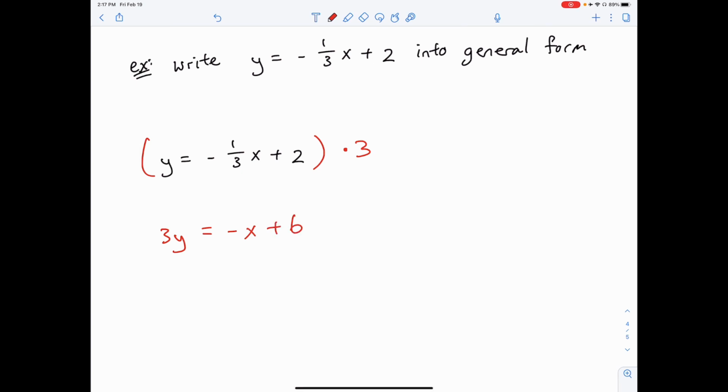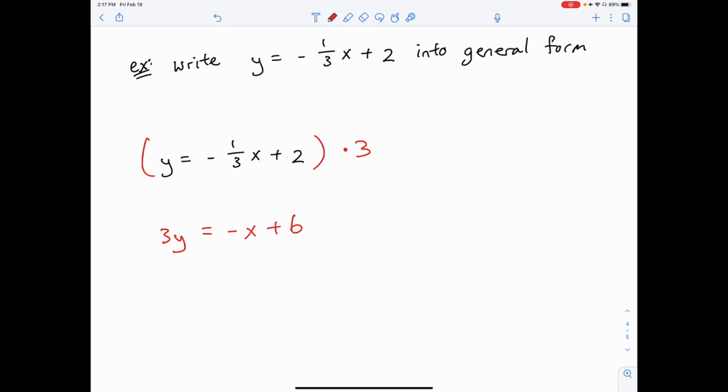a was the most restrictive factor because a had to be a positive whole number. In that scenario, everyone follows the leader. So for here, remember a is always connected with x, b is always connected with y, and c is just your remaining constant. For this one here, we see that a is actually -1 right now. Right now, a is on the right side, but it's negative. So to make it positive, I need to move everything over to the left side.